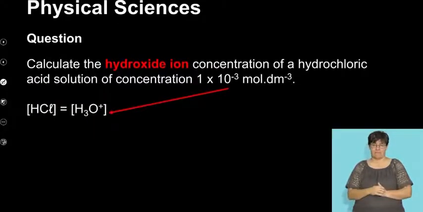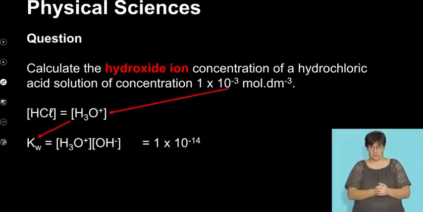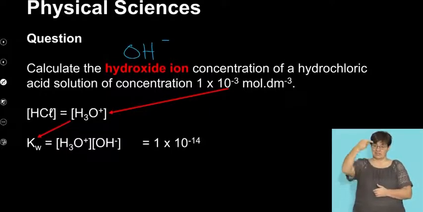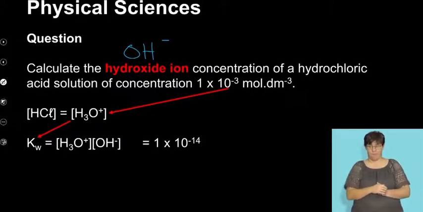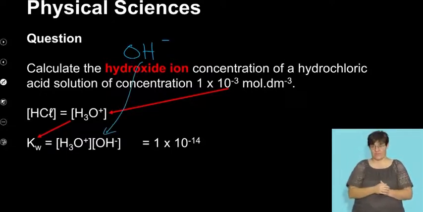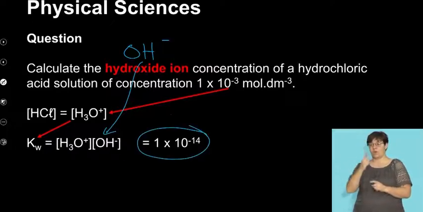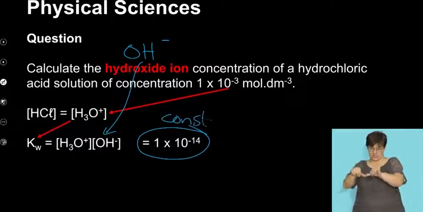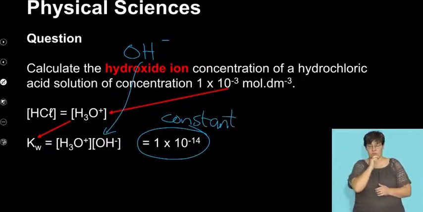We go on, and we make the statement that the hydrochloric acid concentration will be equal to the hydronium ions in the solution. That brings us to the Kw, because we want to work out the hydroxide ion concentration. We know this is a constant. We can now use the Kw.